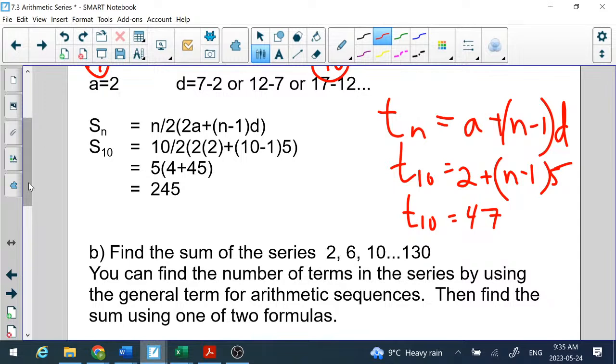All right. Did you guys figure out what term 130 is? 33rd term. Wow, that's crazy. So now, how are you going to find the sum? Yeah. 132 times 3.